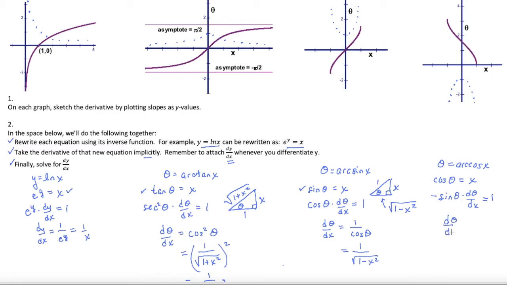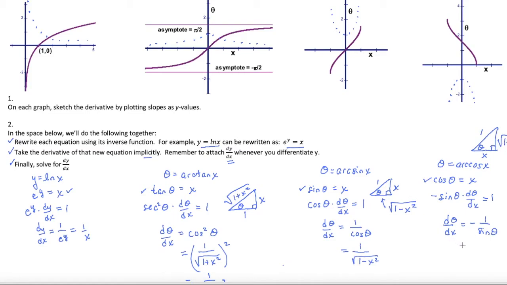So d theta dx is equal to negative 1 over the sine of theta. And this triangle, I'll draw it up here since I don't have a lot of space down below. If I put theta here, this equation tells me that x is adjacent and 1 is the hypotenuse. So the opposite side is the square root of 1 minus x squared.